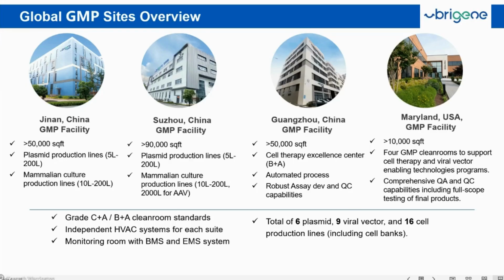And we're excited that we recently brought online our U.S. facility in Maryland to focus our manufacturing offerings there on cell therapies and both viral vector and RNA technologies that enable the development of gene-modified cell therapies. So we'll be able to offer this RNA manufacturing both in our China facilities as well as in the U.S.